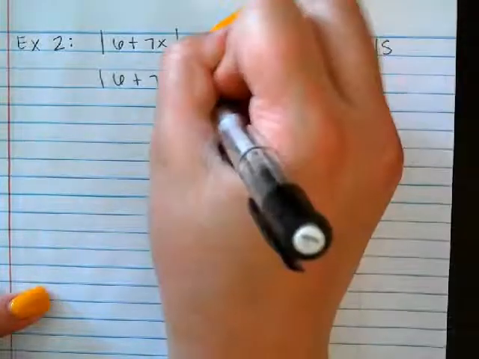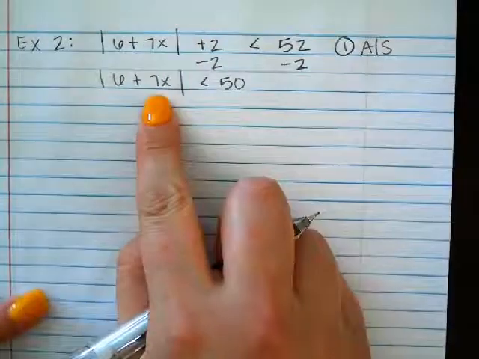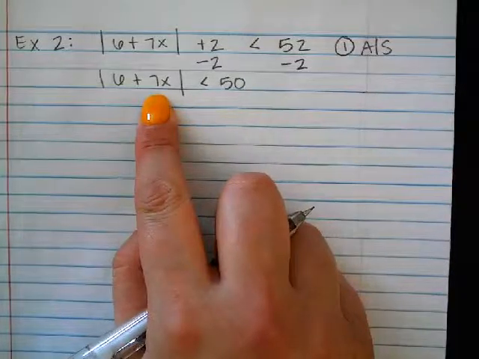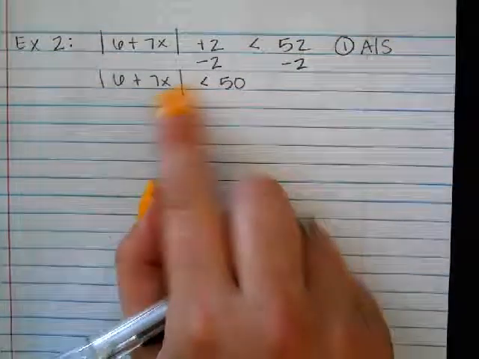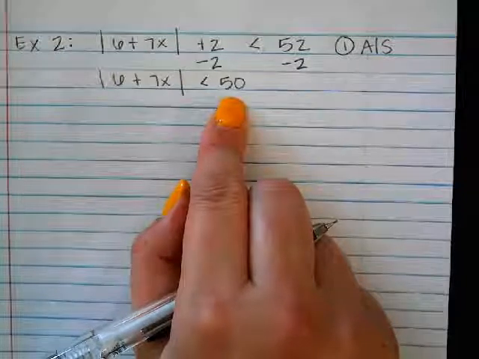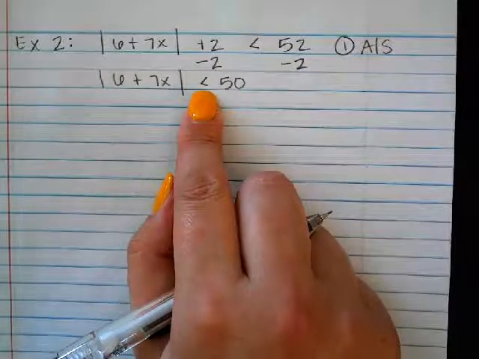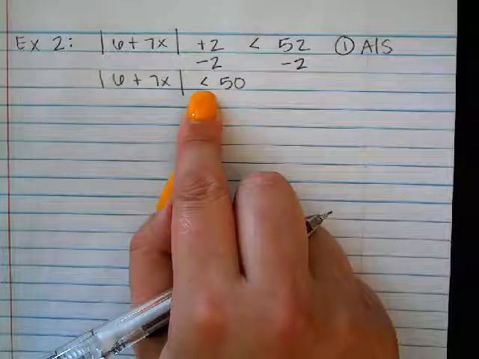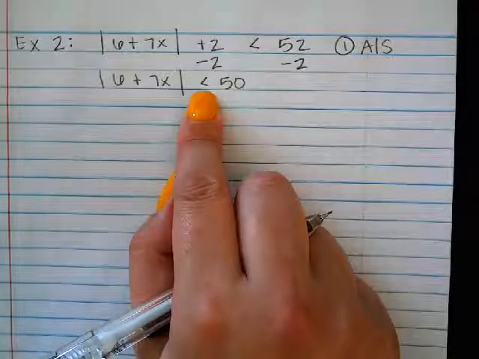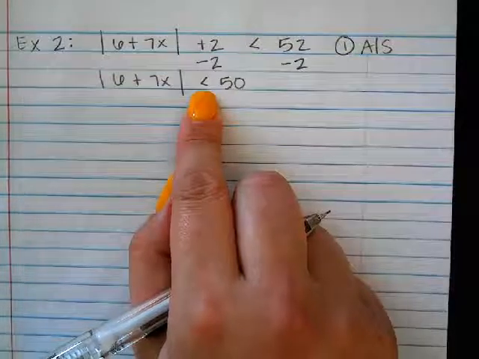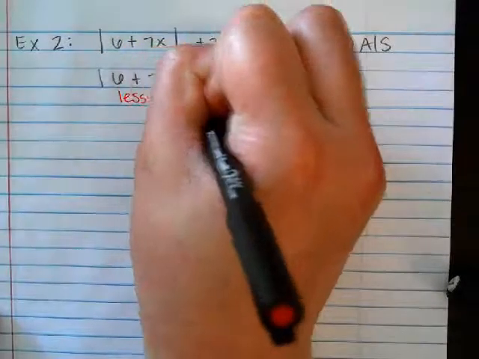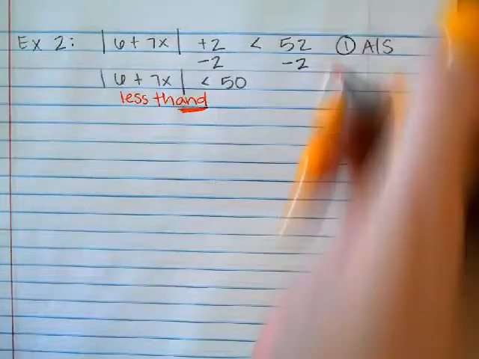At this point, we have the absolute value alone on one side and the number alone on the other. So now we can look at the symbol and say what the symbol sounds like when you read it out loud. So when you read the symbol out loud, what is the symbol? Less than. Okay, so when we do this one, this is not one direction or the other direction. This is less than.